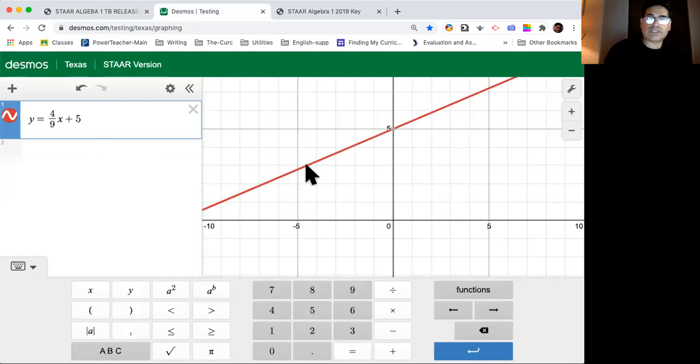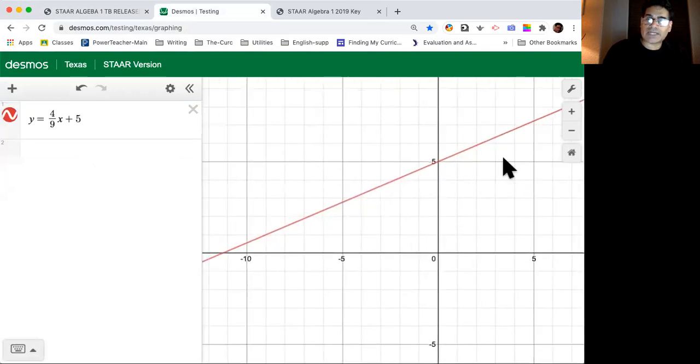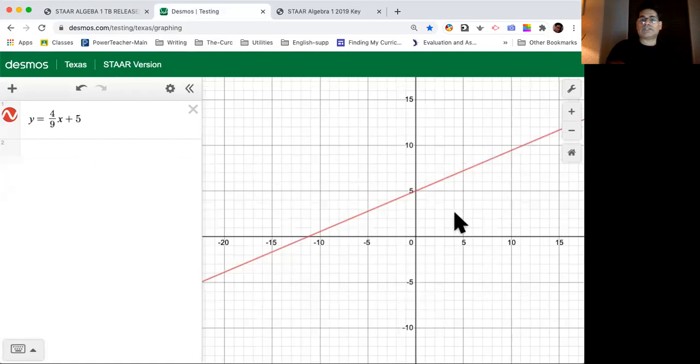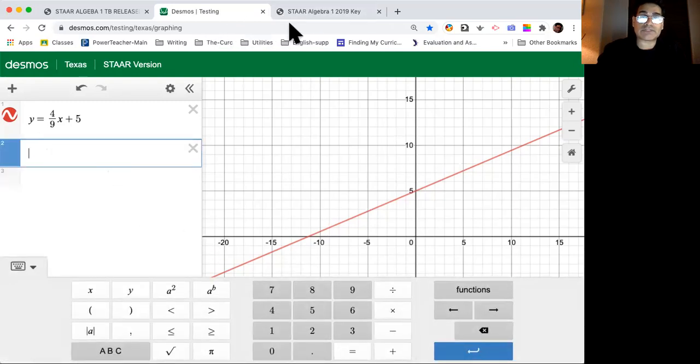Okay, so immediately it draws a line. So that's our given line. All right, that's our given line. And that makes sense. It's a positive slope, positive direction, 4/9. So now we just have to enter each of these lines, as we did before, until we get a line that matches.